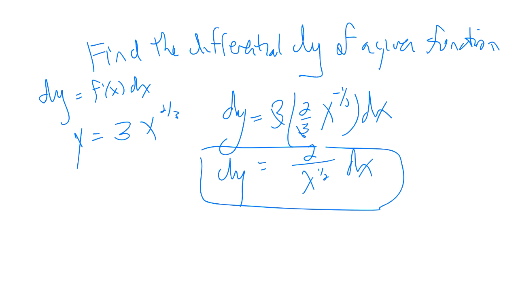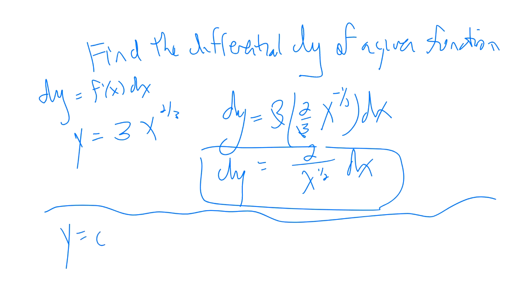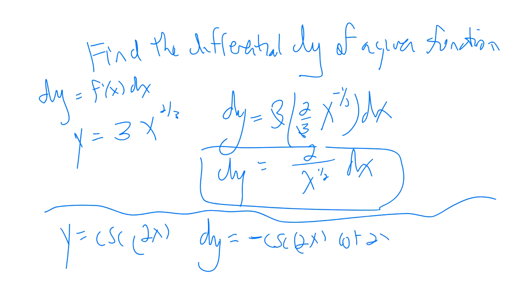I think I have room for one more here because it's not very long. If my function is a trig function, dy is going to be the derivative. The derivative of the cosecant, remember, is negative cosecant cotangent. So it's going to be negative cosecant 2x cotangent 2x times the derivative of the inside function.